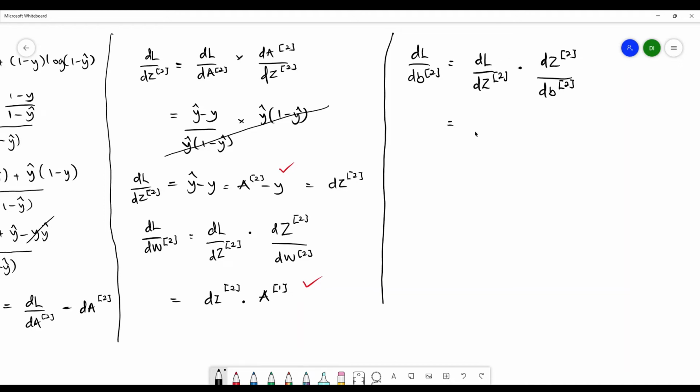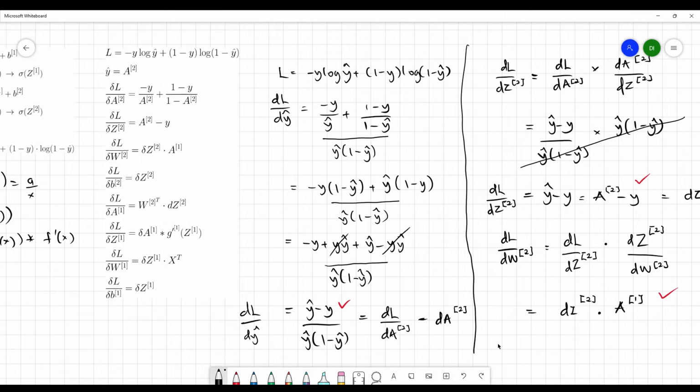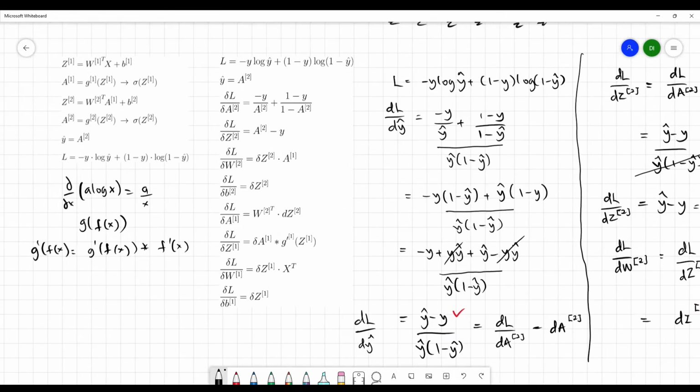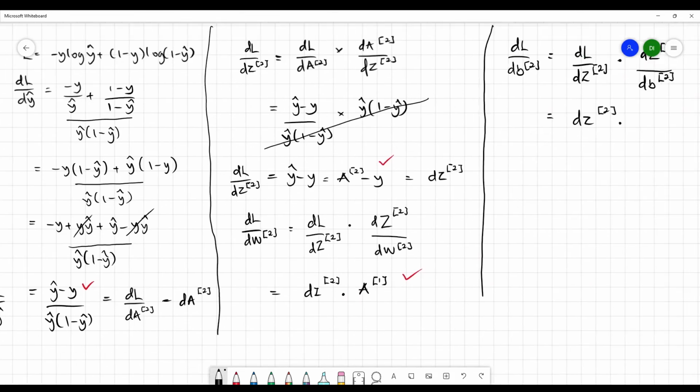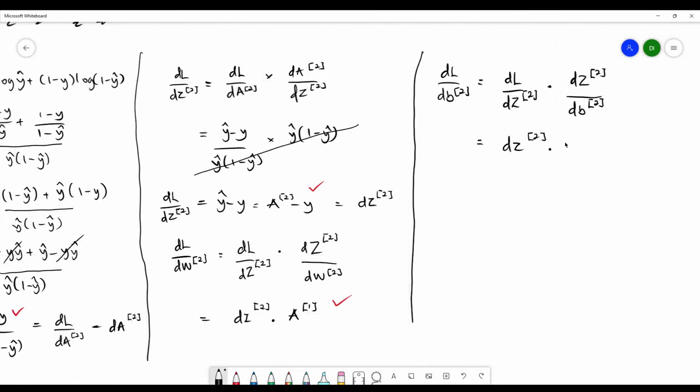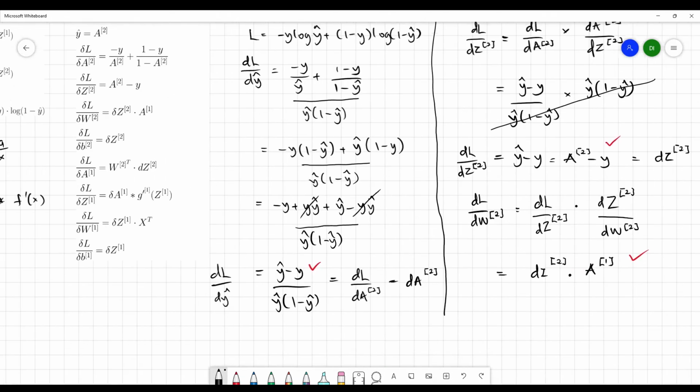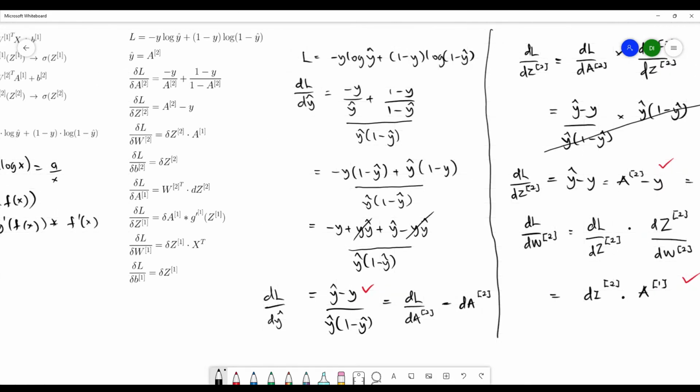We already have this, so we're just going to write down dZ2 multiplied by, let's look up the relationship between Z and B, and we can see that the derivative would be 1. So let's go back, 1, and that's it. Let's look up what our dB2 is, see if it's equal to this. We go over there, and it in fact is.